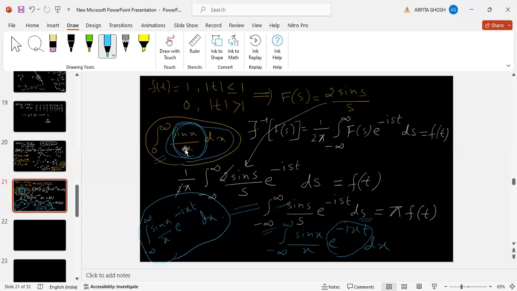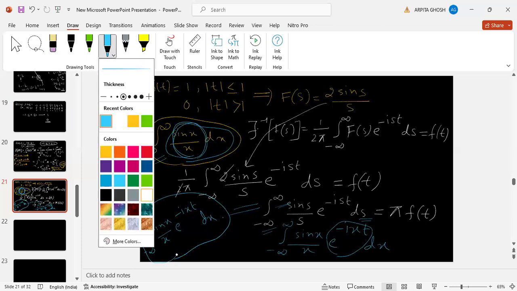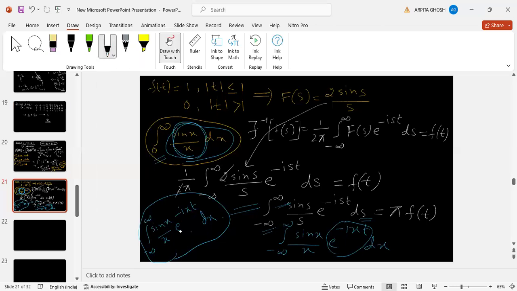Whereas we need to find minus infinity to plus infinity sin x by x. This part won't be there. This portion, that means this e to the power portion, won't be there. That means we need to get rid of this particular portion. How can you get rid of this portion?